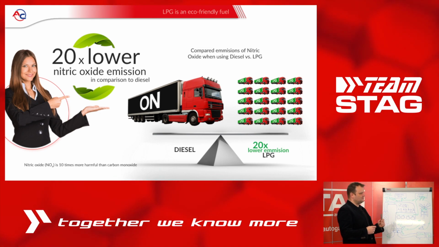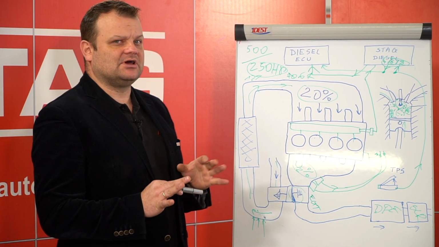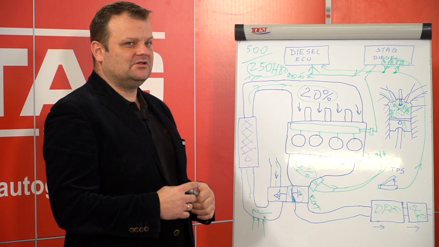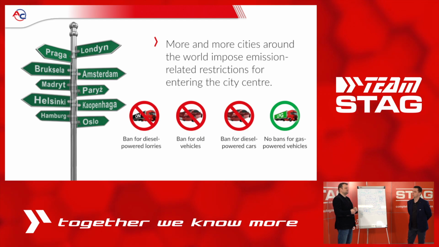We have lower NOx. And CO sometimes, yes, it also depends on engine construction. So overall, the emissions are better. That's why it's allowed to drive these cars in the city centers with restrictions. Yes, this is the reason.